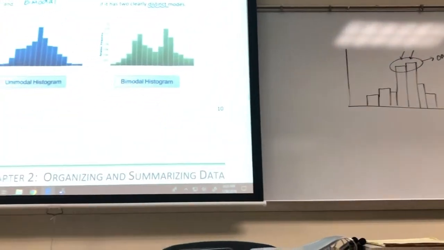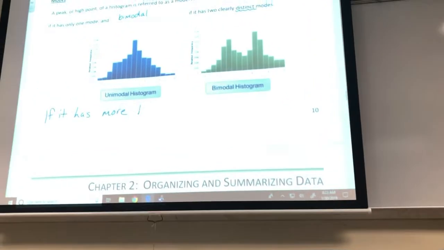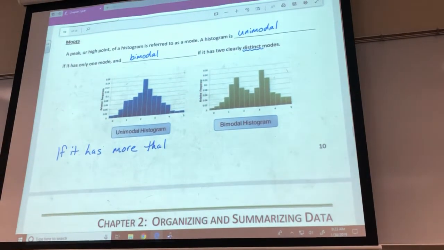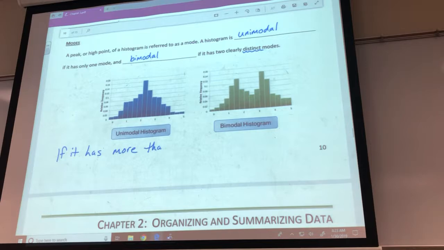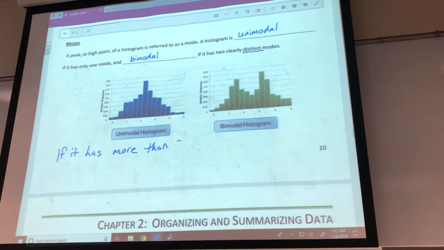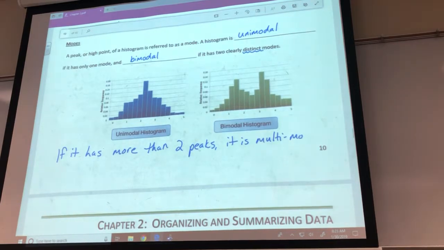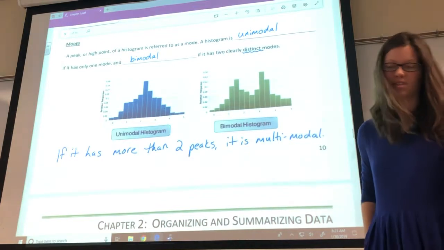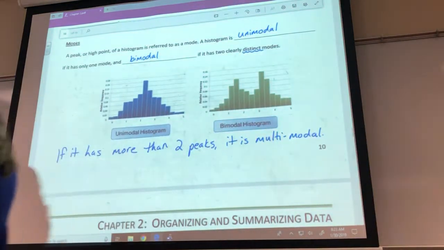If it has more than two peaks, it is... So we can see this. Sometimes these don't really come up as often. They're not as much fun to work with because they just get a little more complicated.